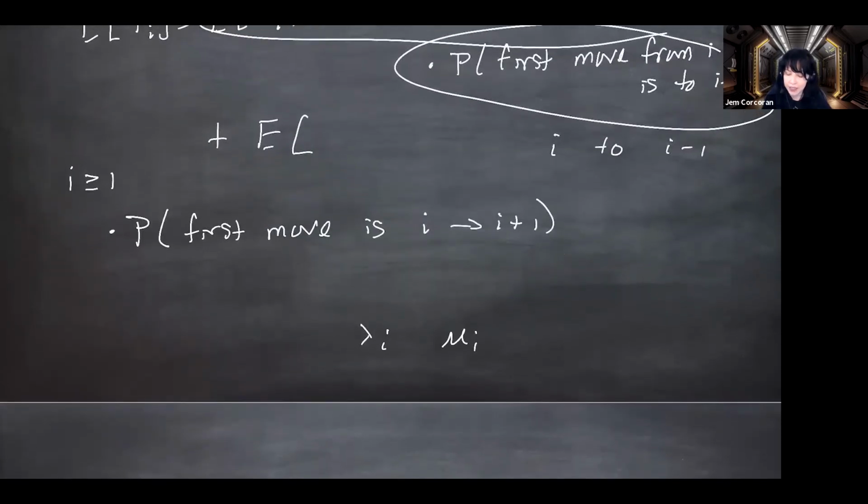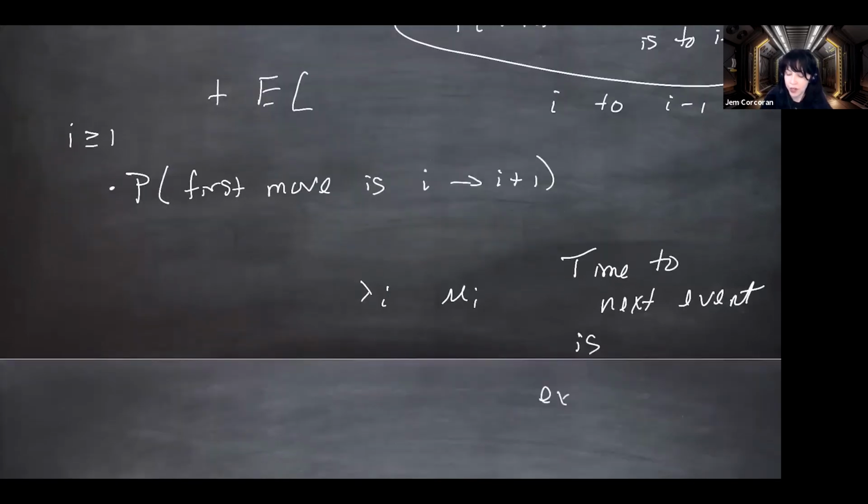And the time to the next event is an exponential with rate lambda_i plus mu_i.